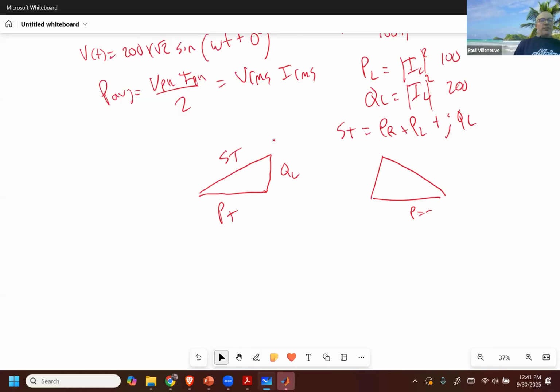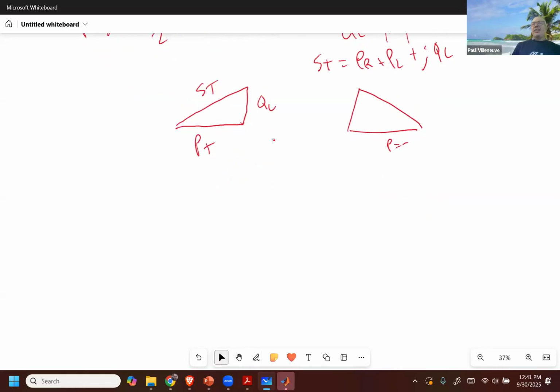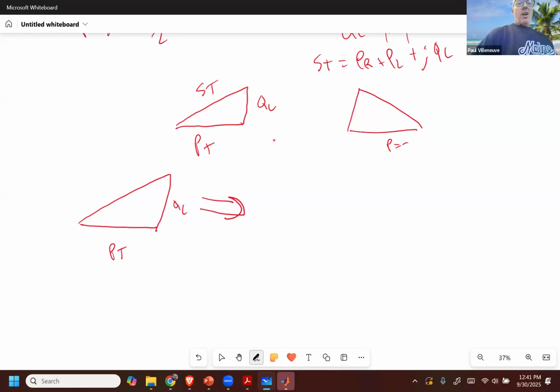Now, the next one is to size a capacitor to improve that to unity power factor. So here is my original power triangle. I want that to go to this new power triangle, which is unity. Is that correct? Yeah. So here is my unity power triangle.